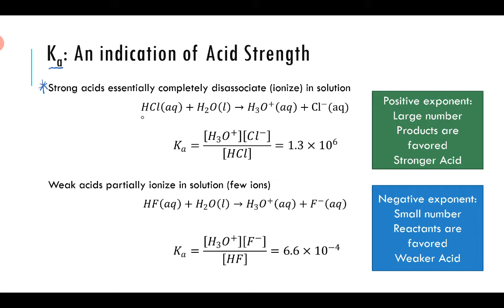Here's HCl, a strong acid. The water is going to accept the proton from your HCl, so that becomes H3O plus, and then the HCl becomes Cl minus.